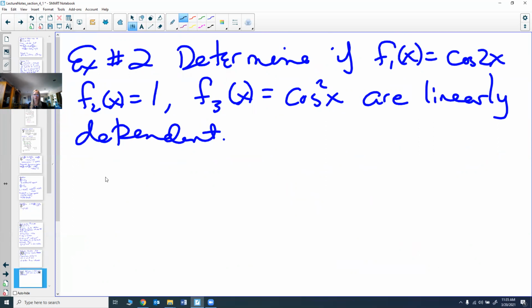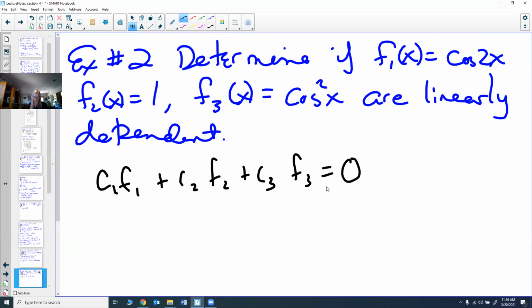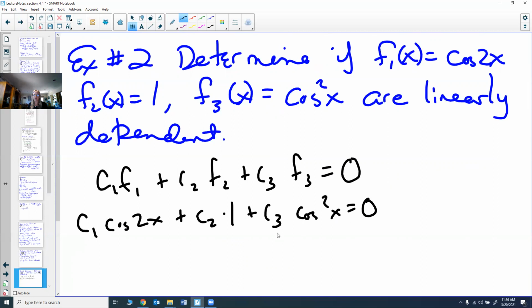So what I want to know is if I take c1 times f1 plus c2 times f2 plus c3 times f3, will I get 0? That really is the question we want to know. So we want to know if c1 times cosine of 2x plus c2 times 1 plus c3 times cosine squared of x equals 0.